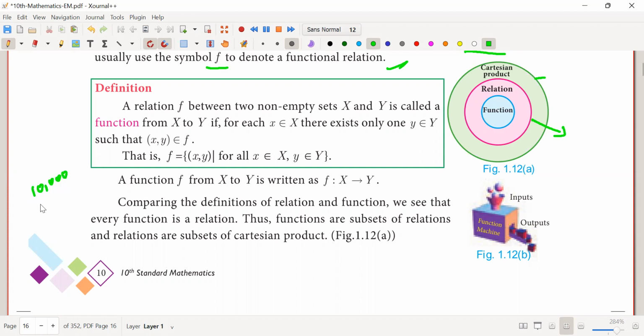The person who has cleared the TET and scored well would be getting more than 40,000. That's the difference. And if you're working in a government school with a really good score, you'll be getting more than 80,000 as salary. If you're teaching 11th and 12th, you'll be getting more than 1 lakh.